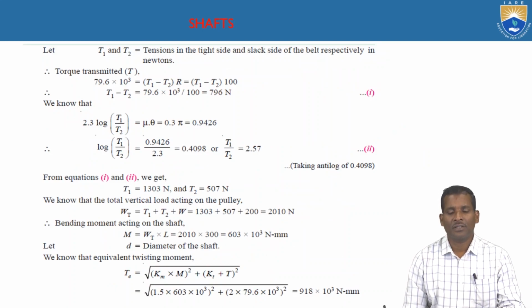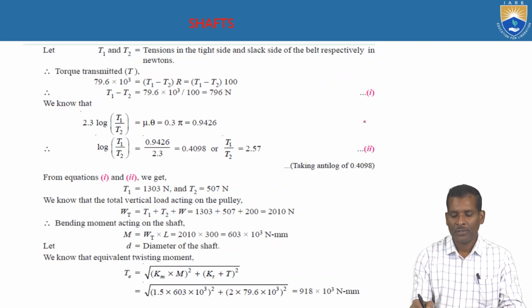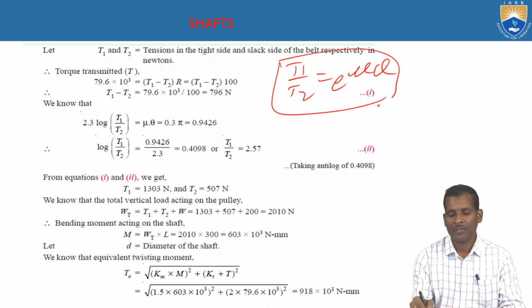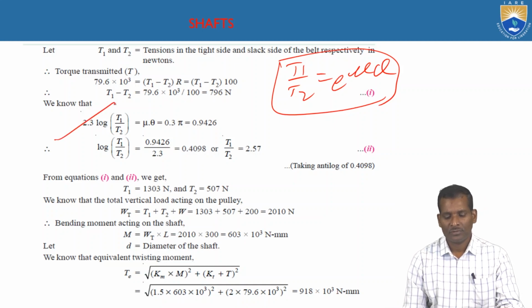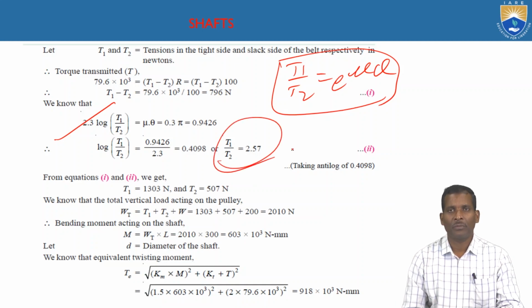Now tensions ratio calculate by using belt tensions ratio T1 by T2 equals e to the power of mu theta. Apply this relation. So you may use this one also, taking anti-log, and then you will get T1 by T2 is equal to 2.57. Mu is the coefficient of friction, theta is the angle of contact. From these two equations, you will get T1 and T2 values.